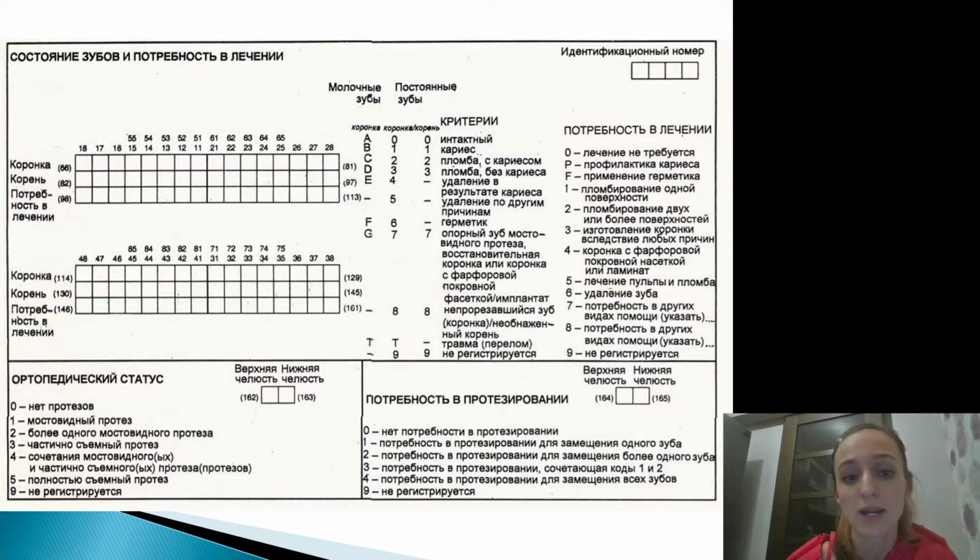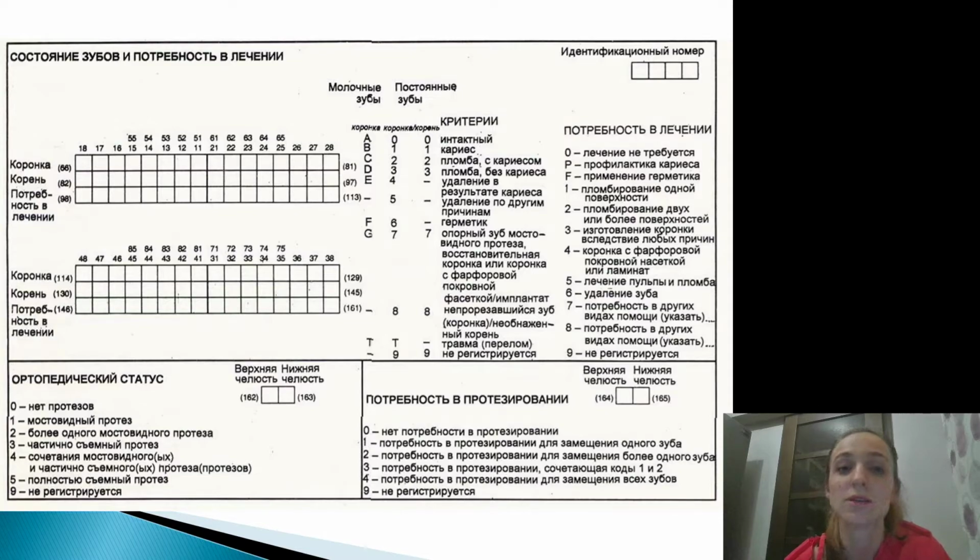For example, if it is caries, you should write letter C. If it is, for example, periodontitis, you should write letter P. Here we write different diagnoses.